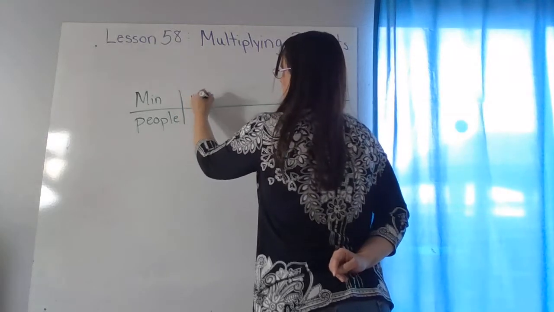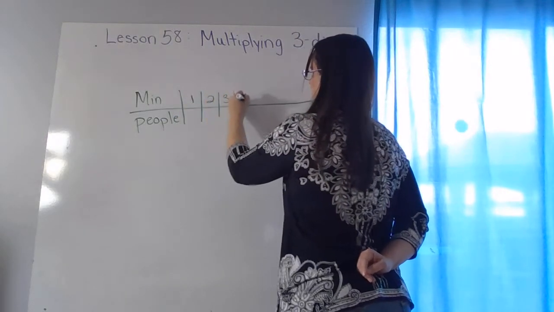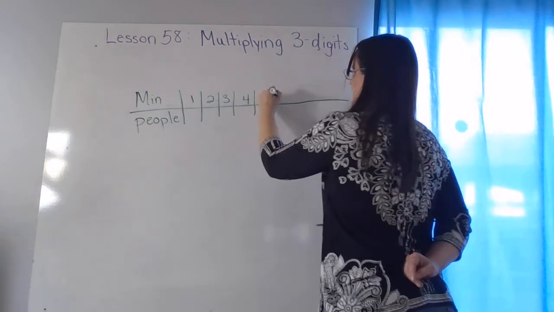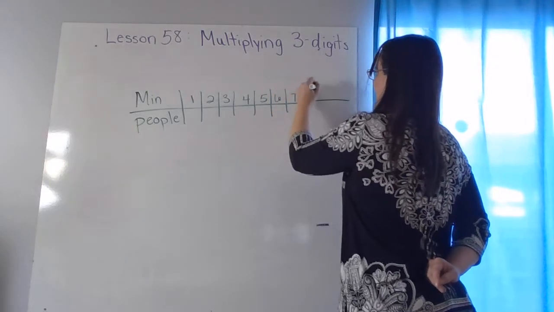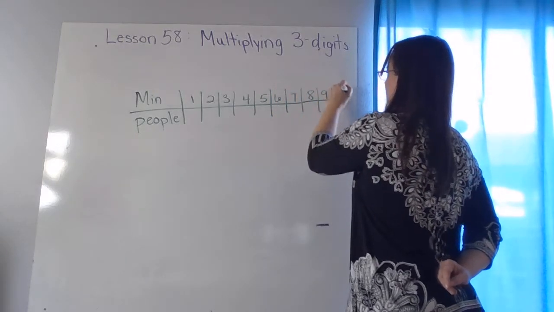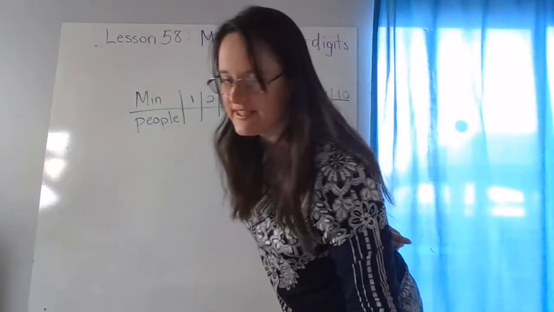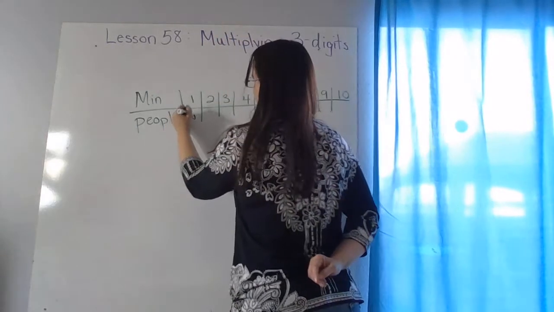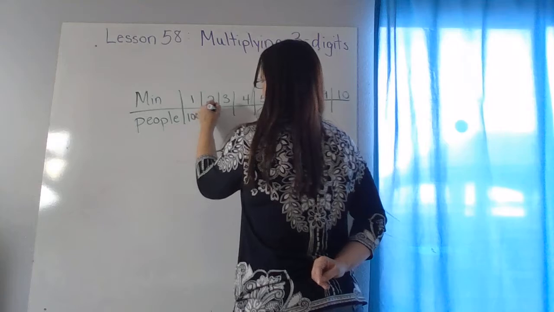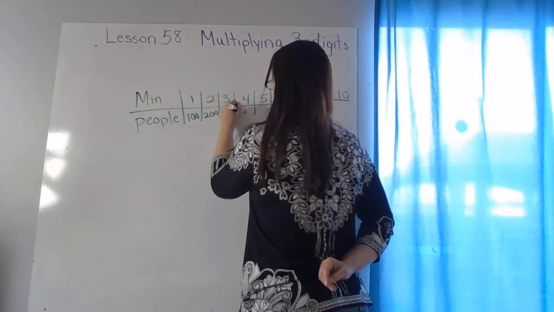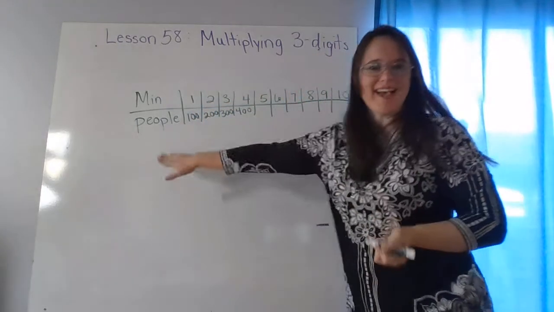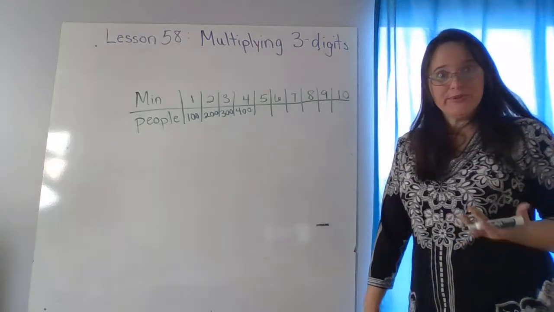So 1, 2, 3, 4, 5, 6, 7, 8, 9, 10. And they started the table all the way up to 4. They said 100, 200, 300, 400. Oh my goodness, I see the pattern. Do you?